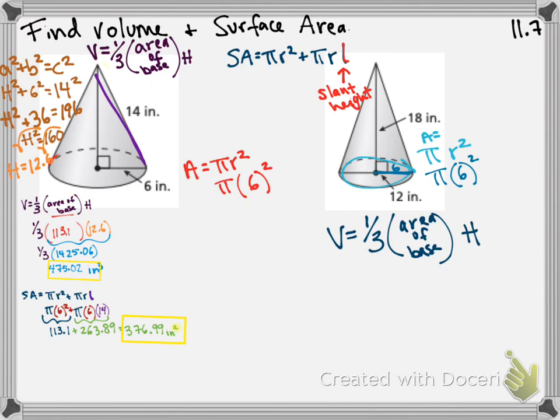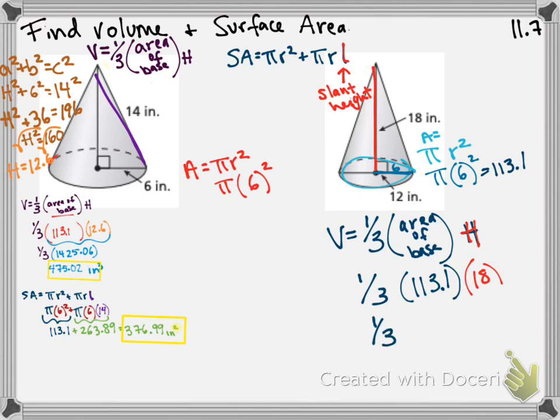So drop down my 1/3. And then the area of this is still 113.1. And then times the height of the whole object. So let's see if they gave us that. That is the height of the whole object. It's 18.